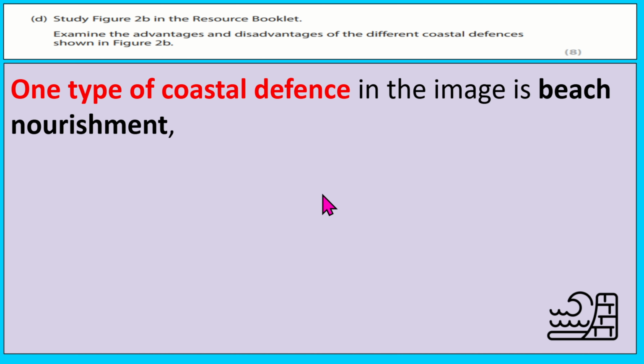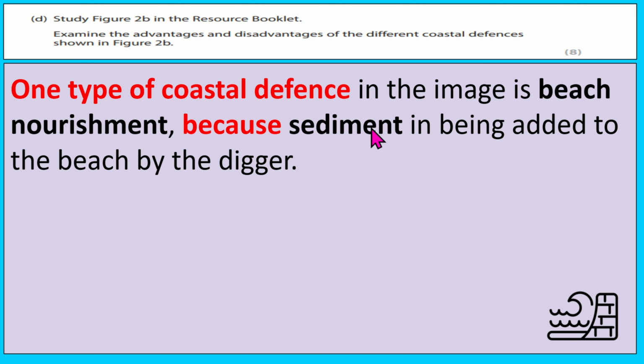I'm confident in that. So one type of coastal defense in the image is beach nourishment. This is my point. Everything else I write is going to be linked to beach nourishment because sediment is being added to the beach by the digger. So I'm showing that I'm using the resource to add the information in, okay?